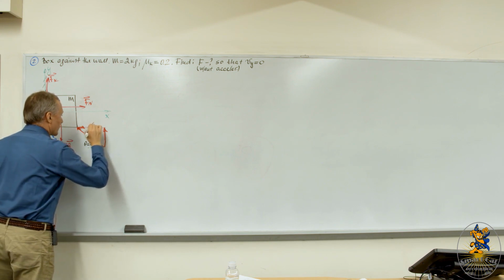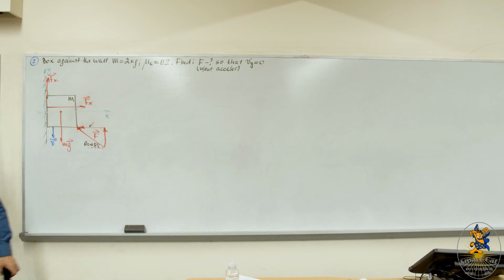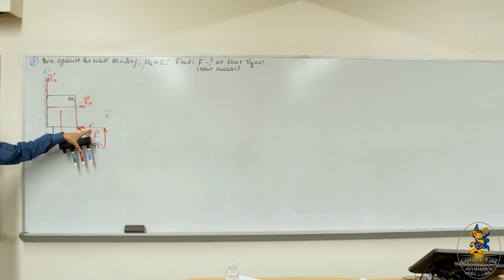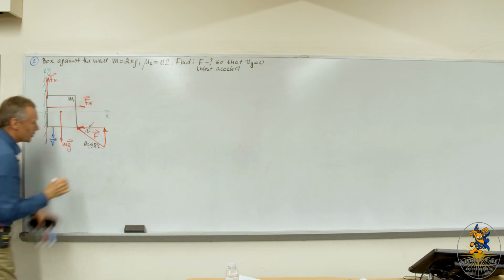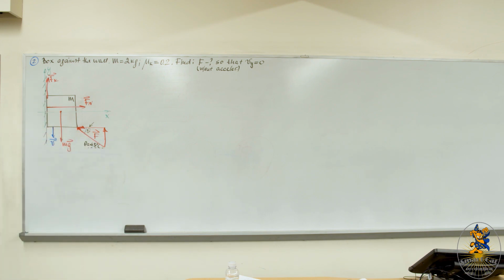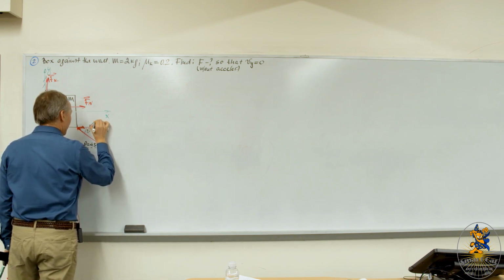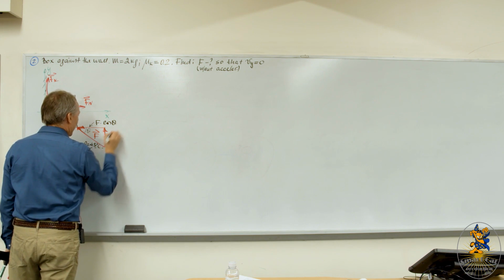So horizontal force: cosine or sine, in order to find the horizontal force? Cosine, yes. This is angle theta also; this and that angle are the same. So of course cosine: F times cosine of the angle.